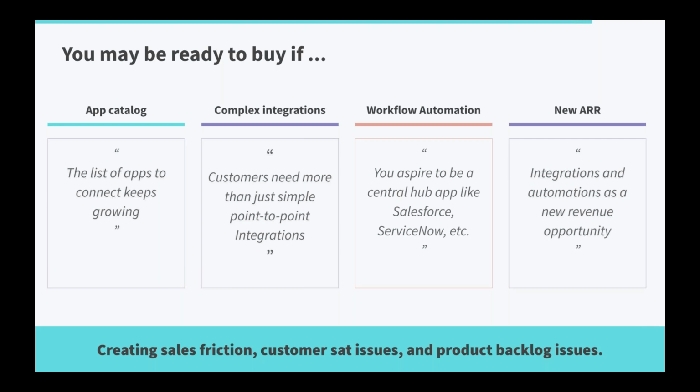Some of the top things that we hear from our customers, the first is the app catalog. You started out, you were able to build integrations to 4 or 5 applications, but the need for connecting to a new application is just constantly growing.